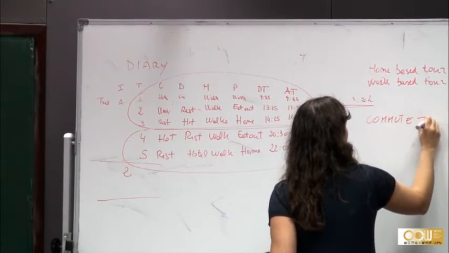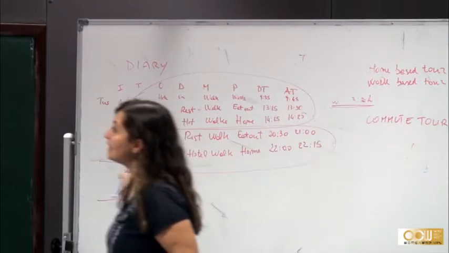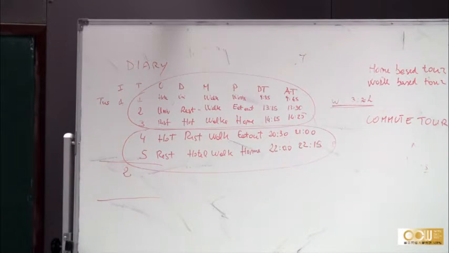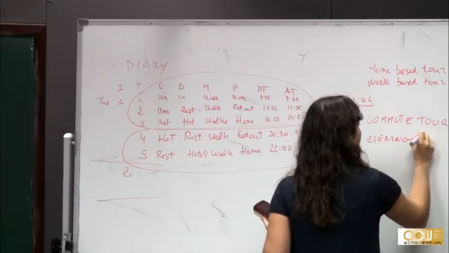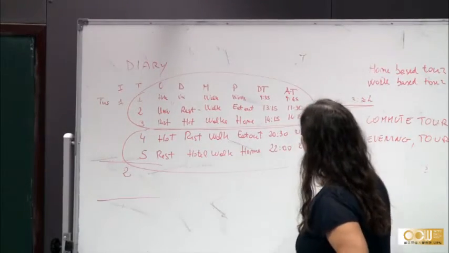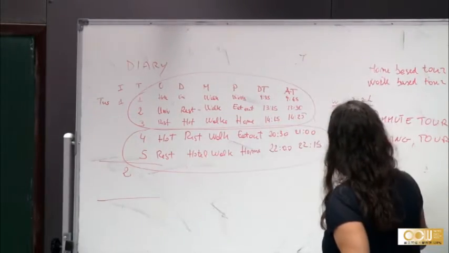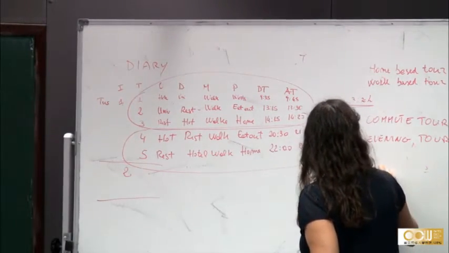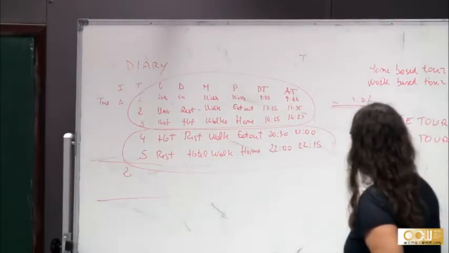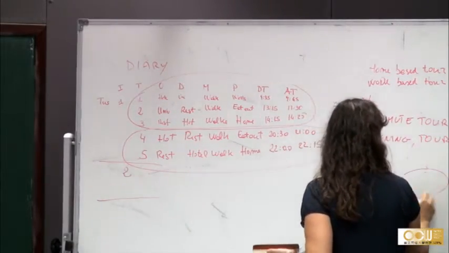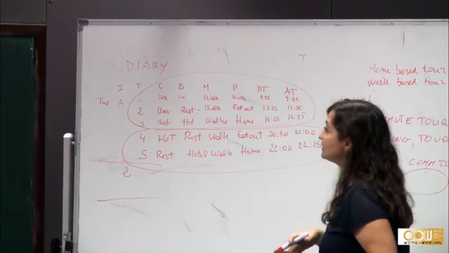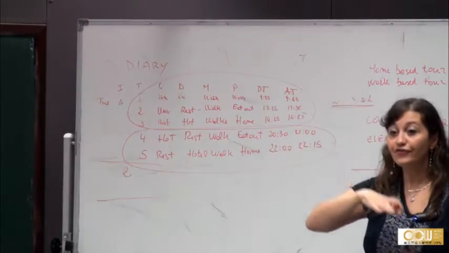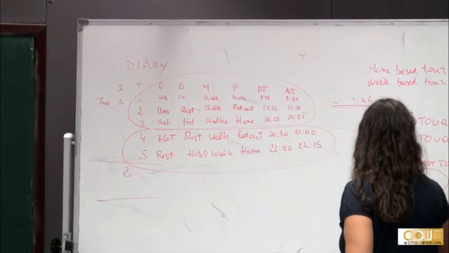and I have what I call an after tour, so something that happens after my commute. In particular, I have an evening tour. Right? For this commute tour, I have two legs: the leg to work, the leg from work, and also an additional stop.